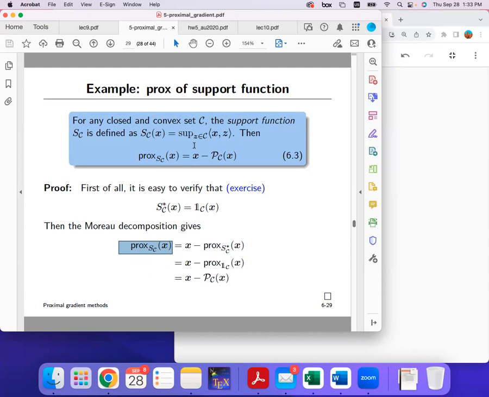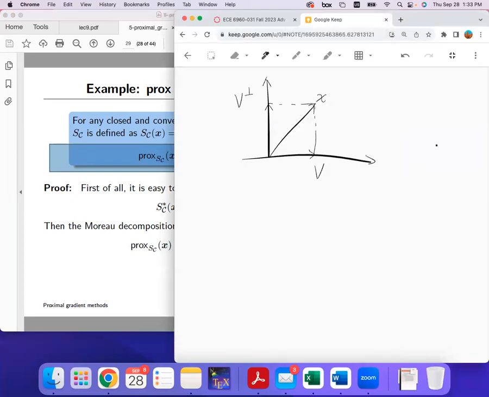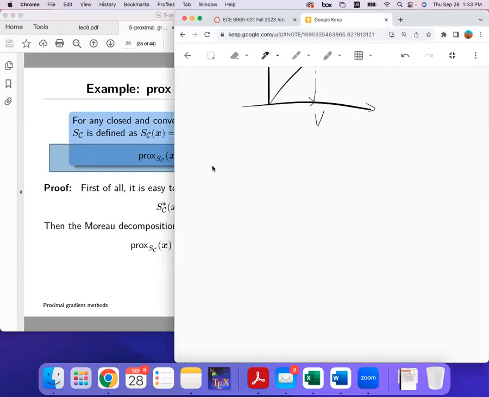Okay, and this actually gives a very elegant decomposition for arbitrary projection operators on convex sets. So it says that any vector X can be written as the projection onto any convex set plus the proximal operator associated with the support function.